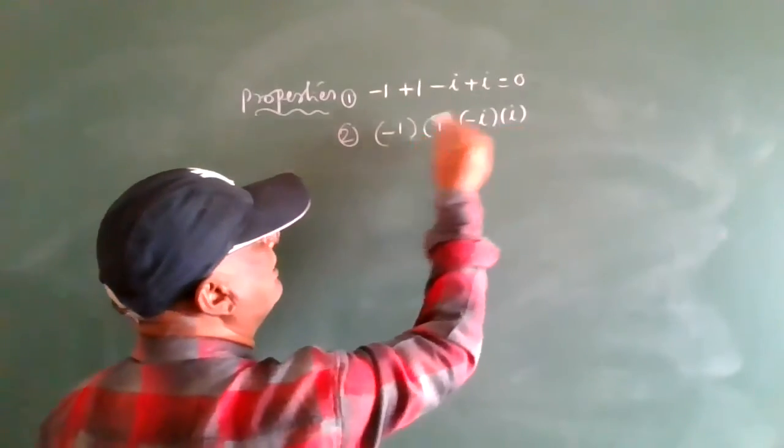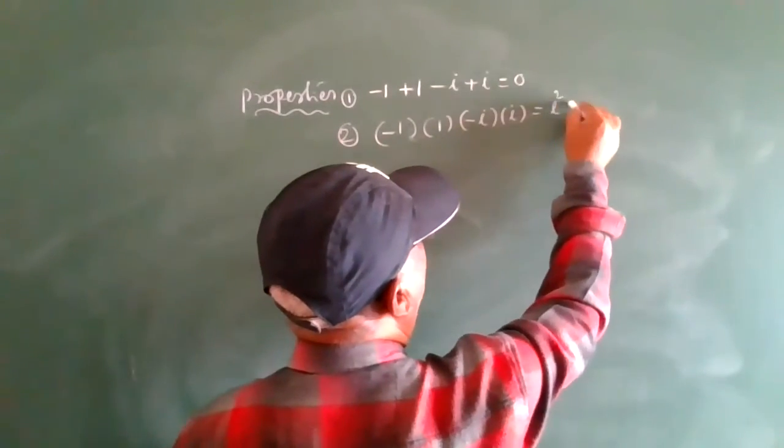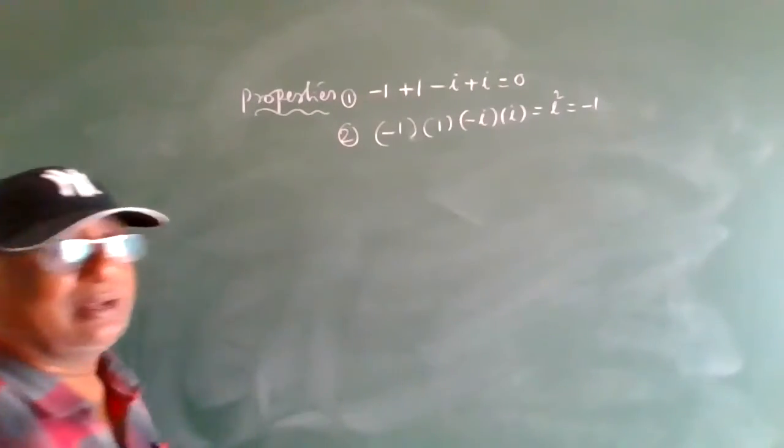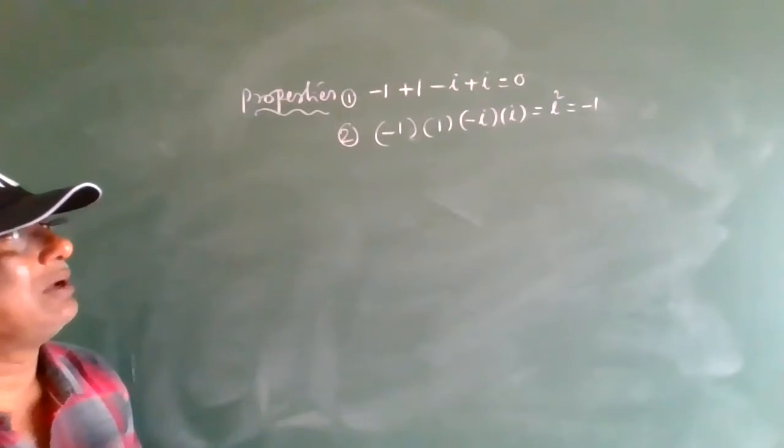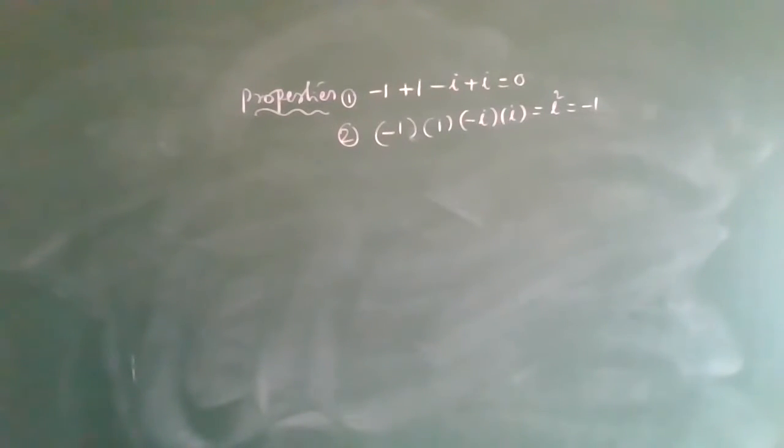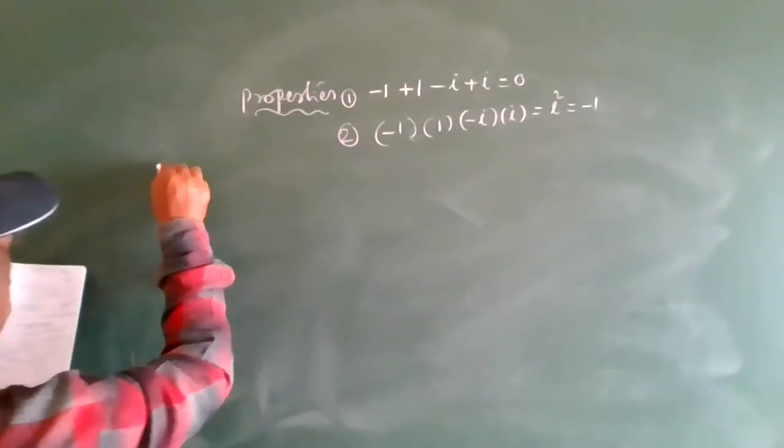What is the value of i square? Therefore, minus 1 is the value. Okay? So these are the properties of this one. You should remember these properties. Okay? So next I go to question number 1.